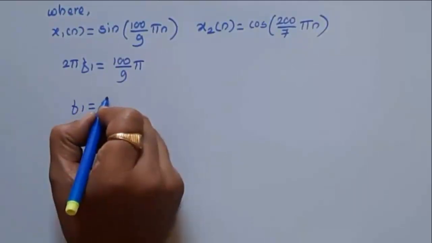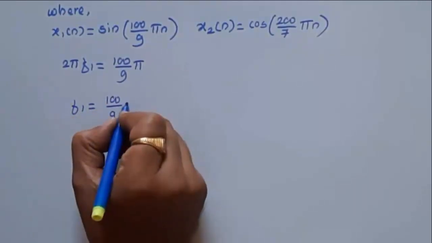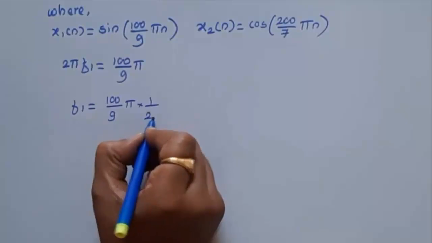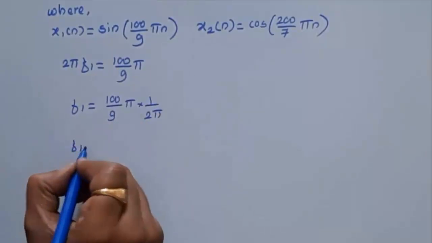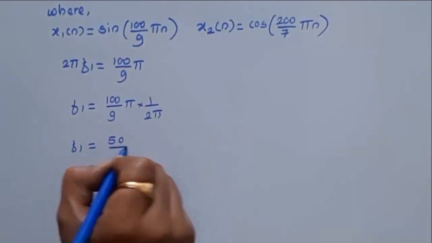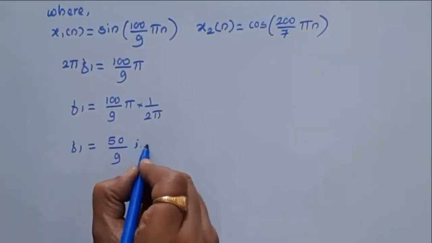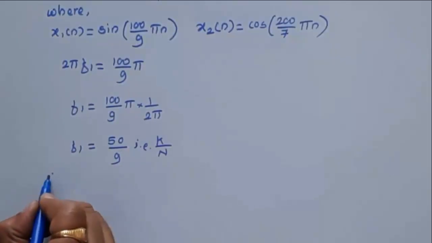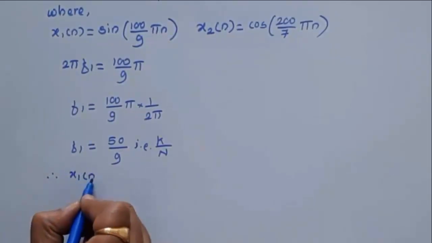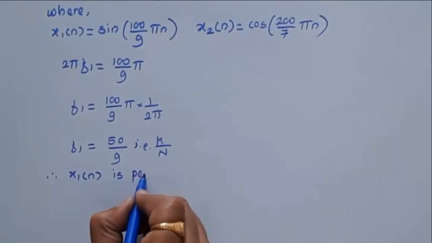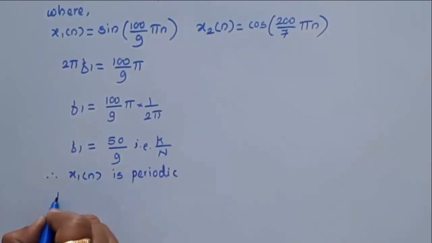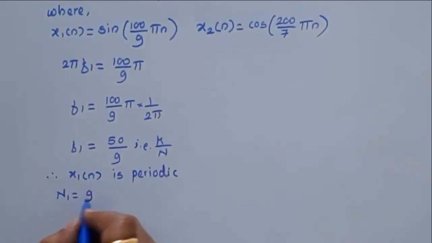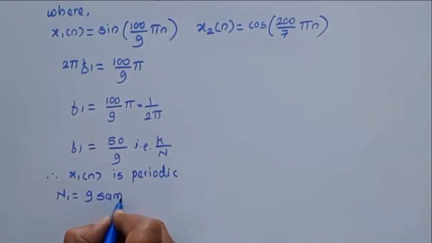Simplifying for f1, we will get f1 is equal to 50 by 9, which is a ratio of integers, that is k by N. Therefore, the given signal x1 of n is periodic with period N1 is equal to 9 samples per cycle.